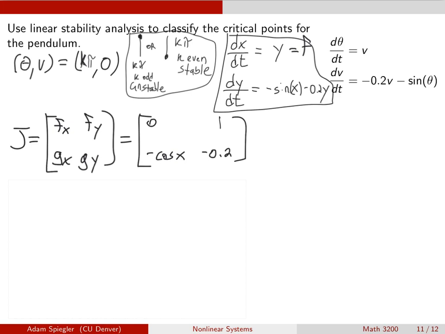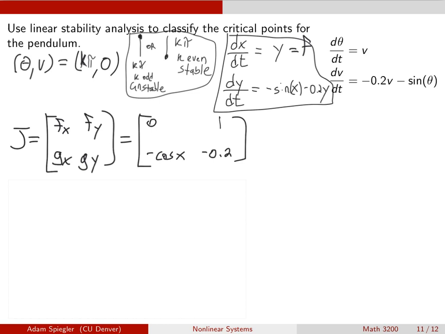When we want to determine the stability for these equilibria for nonlinear systems, we find this Jacobian matrix, which is equivalent to doing that linearization process. Then for each of the equilibria, we plug in our values for x and y and get constants in the matrix. In this case, we have two sets of equilibria.